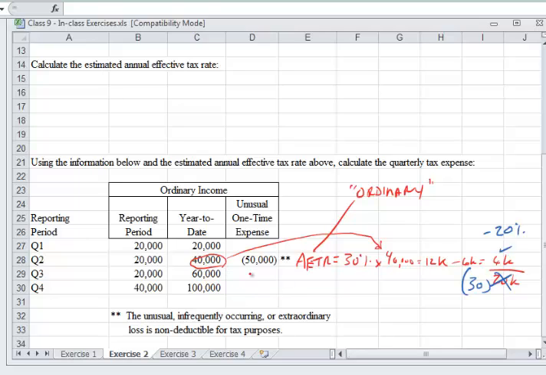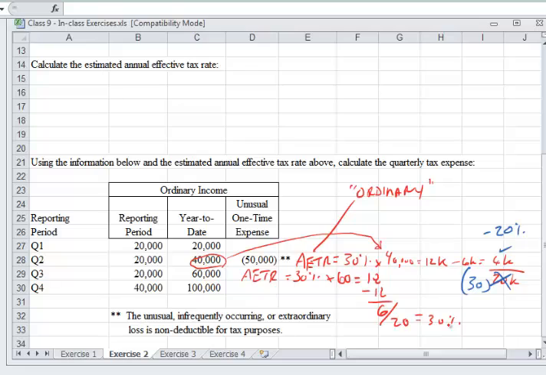So our AETR is still 30%. We take 30% times 60. That gets us 18. We've already booked 6 in Q1 and another 6 in Q2, so that's 12. So we have 6 in Q3. Income in Q3 is 20, so our rate's 30%, right?